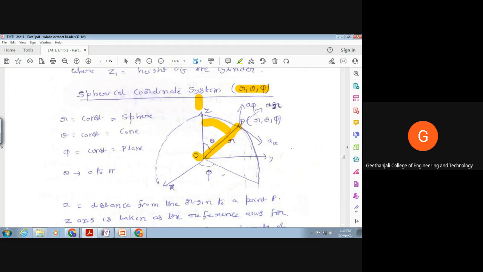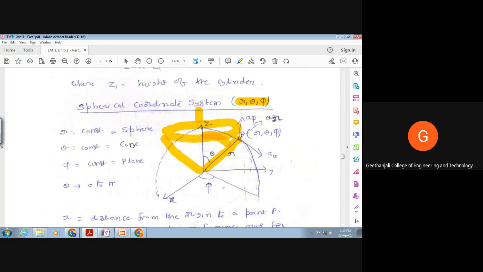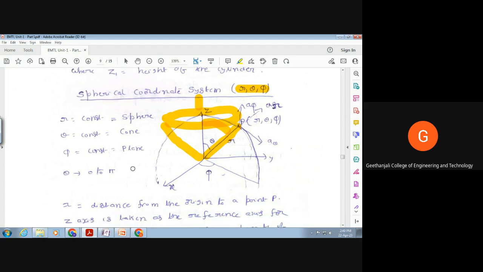So theta is equal to constant gives me a cone something like this, a conical surface. Phi is equal to constant gives me a plane surface. So here r is equal to constant, a spherical surface; theta is equal to constant, a cone; phi is equal to constant, a plane surface. In fact, these are the three surfaces which are going to be mutually perpendicular to one another at any point of observation.